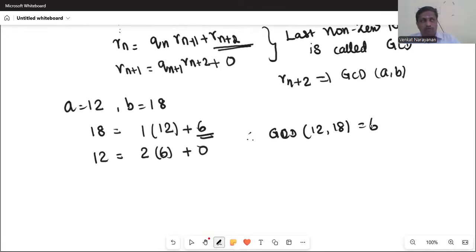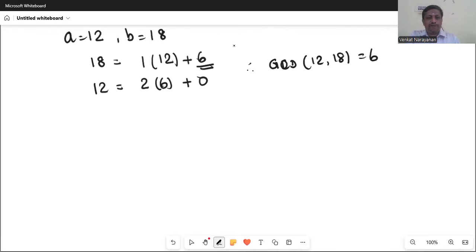This is the way we find the GCD of any numbers. Okay, so I hope you can understand how to find the GCD. Finding the GCD is very helpful, especially in solving linear Diophantine equations. Now, come to the first problem.